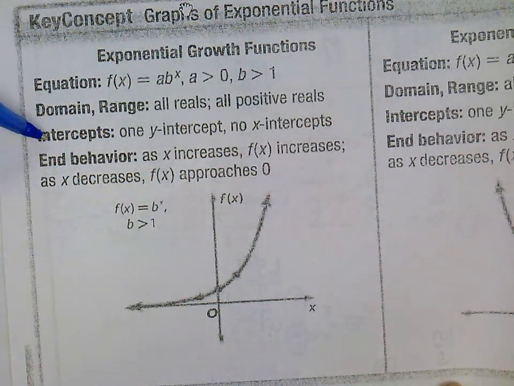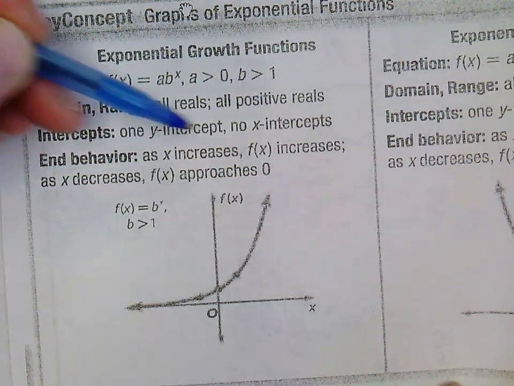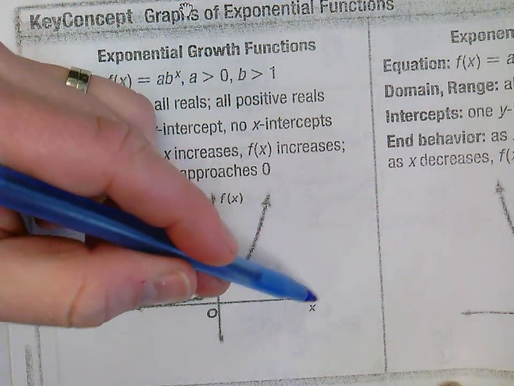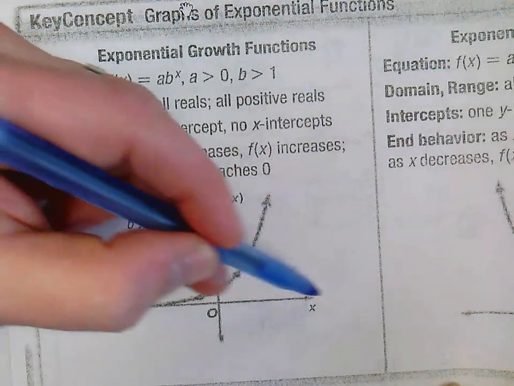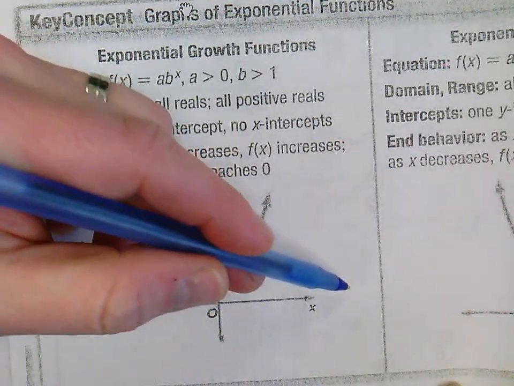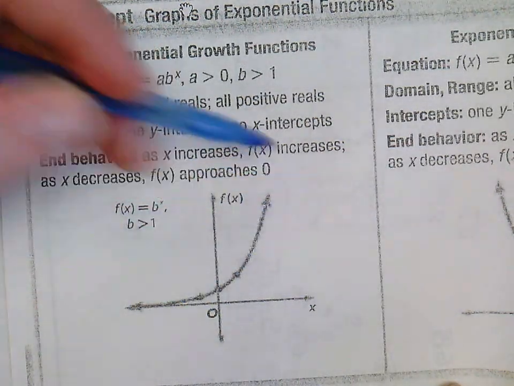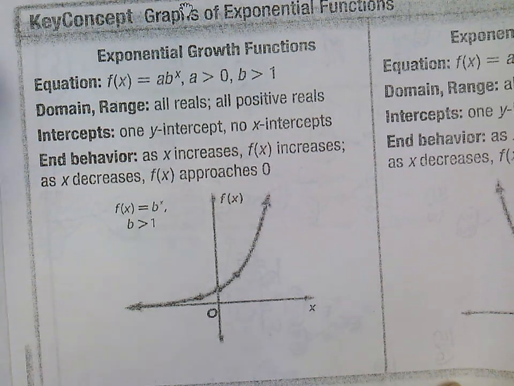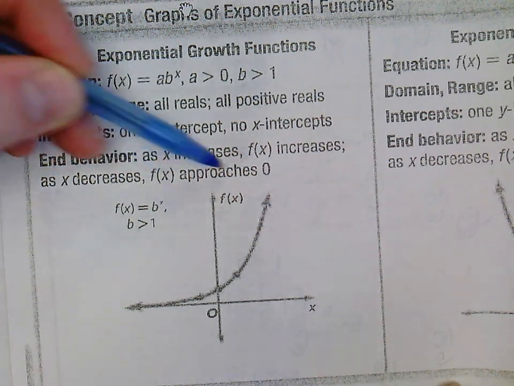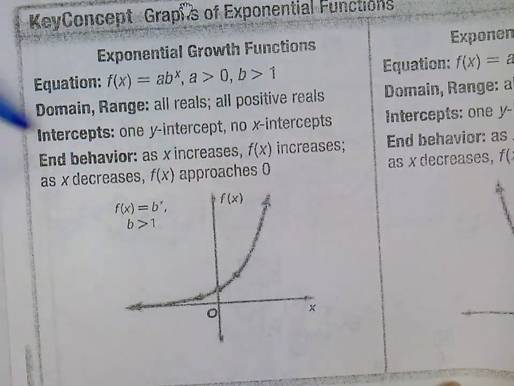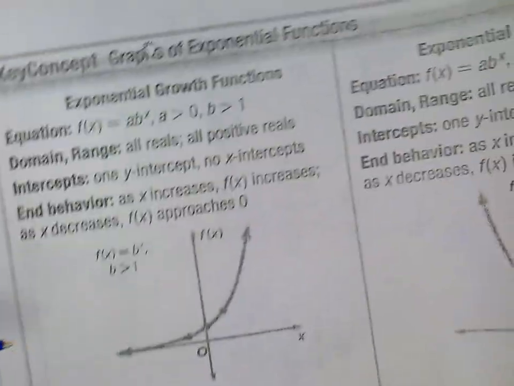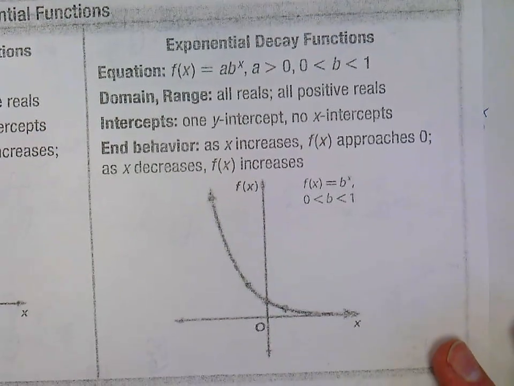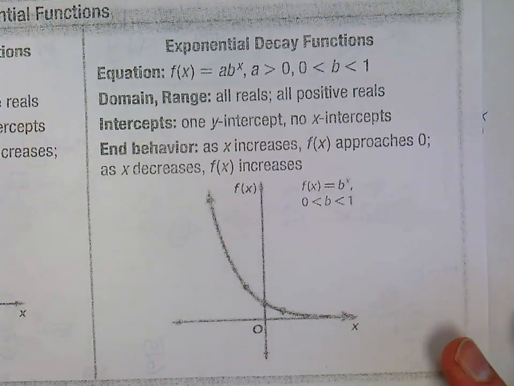Notice that for intercepts, there's one y-intercept, no x-intercepts, because the x-intercept has become what we call an asymptote, meaning it's a line that this function can never cross or reach. We're talking about what's happening at the end behavior. So this is just a more detailed explanation of any exponential function.